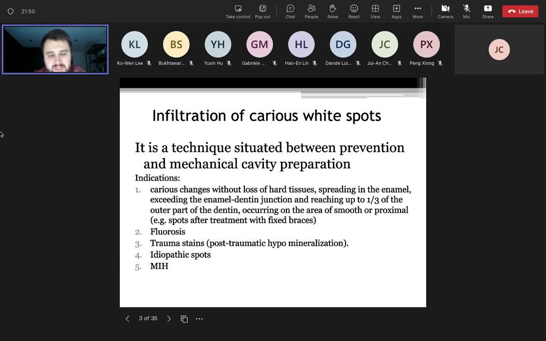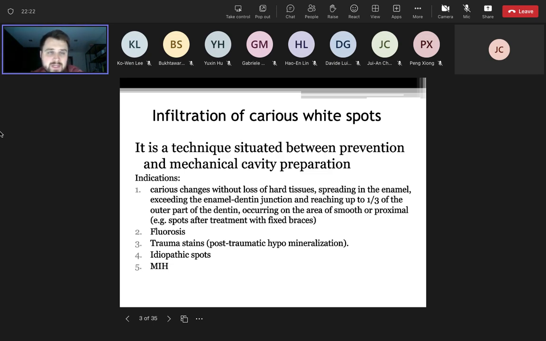Indications for using the Icon are caries changes without loss of the hard tissues. This is what I said. The surface of the enamel has to be unharmed, so it should be really smooth. We can't break it. So if we've got a caries lesion with the enamel untouched, we can try to do the infiltration.